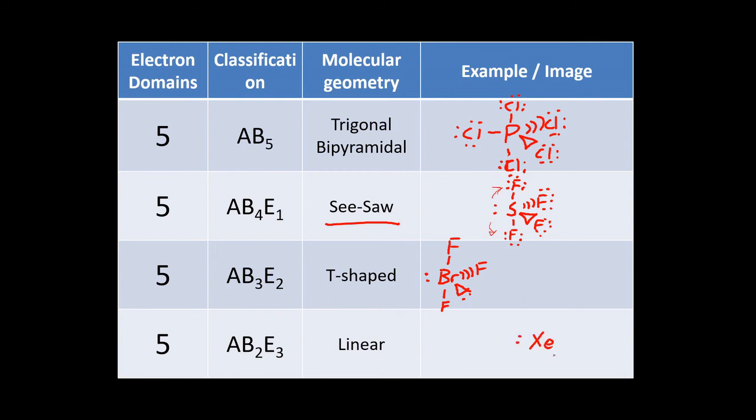And so all three of these planar positions are lone pairs, and you have two fluorines on the axes. And so if you ignore the lone pairs, it looks just like the linear molecule we saw at the beginning. And so it has the molecular geometry linear. But again, still has the electron geometry of trigonal bipyramidal.